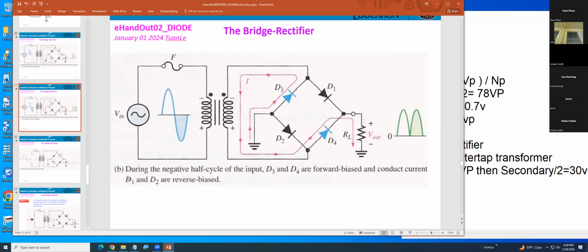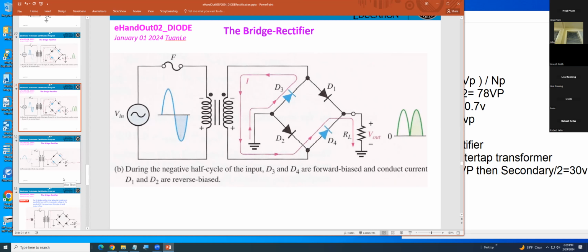In here also they're telling you, during a negative half cycle of the input, D3 and D4 are forward bias and conduct current, and D1 and D2 will be reverse bias. That means this one and this one will be off, the blue one off, and the black one will be on.